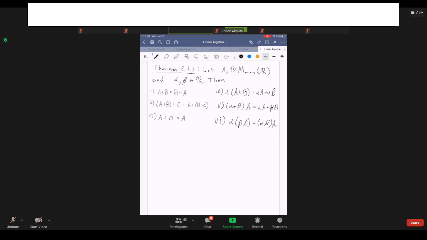Okay, so we have all these properties, and it might be super obvious, but actually proving it is a different matter.